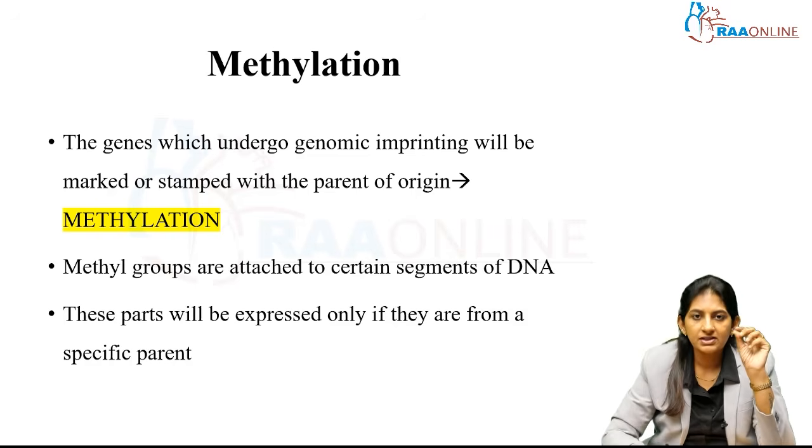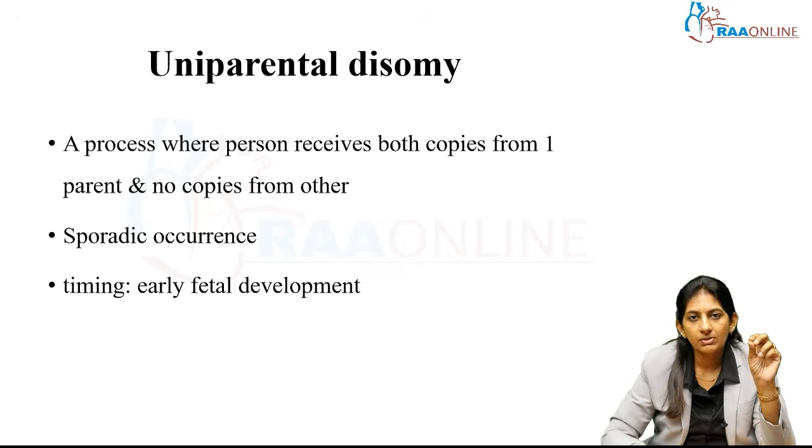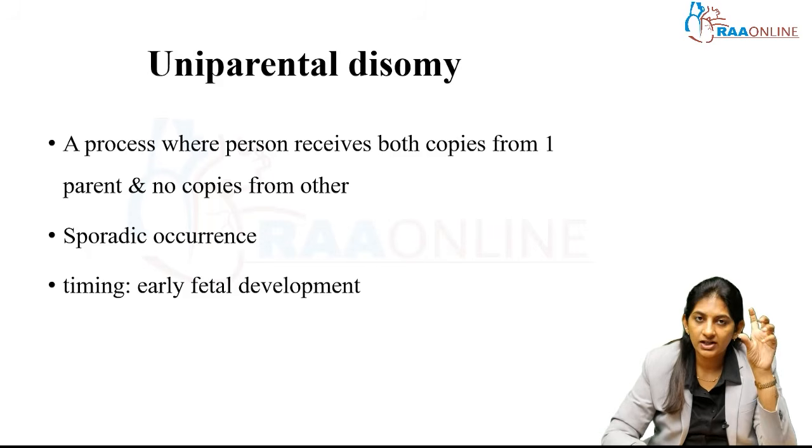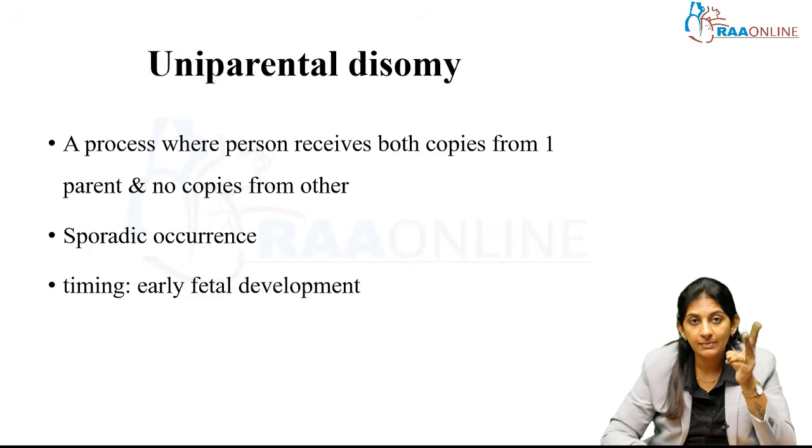Why are we worried about uniparental disomy or genomic imprinting? Even if it is an autosomal recessive disorder, if the proband derives this particular gene only from the father, he will have two copies of the same gene from the father, or two copies of the same gene from the mother.